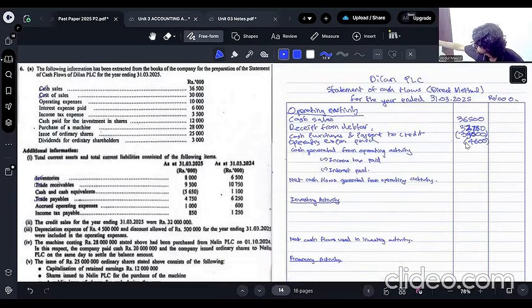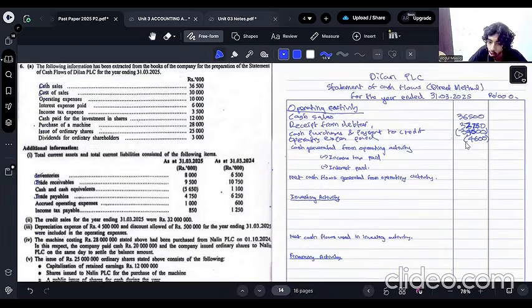Okay. Then next, that is done. Operating expense also done. Depreciation expense, okay. Then next, interest expense paid 6,000. You can record here interest expense paid 6,000.